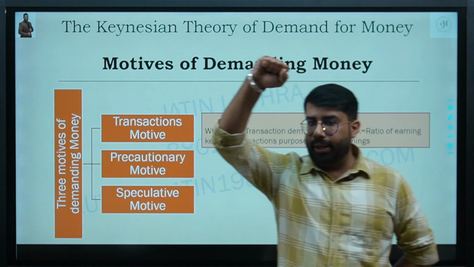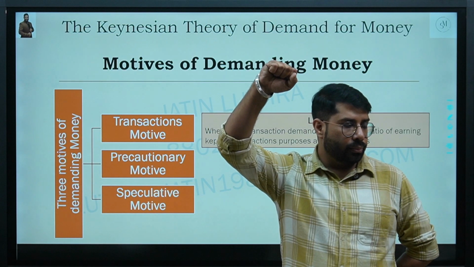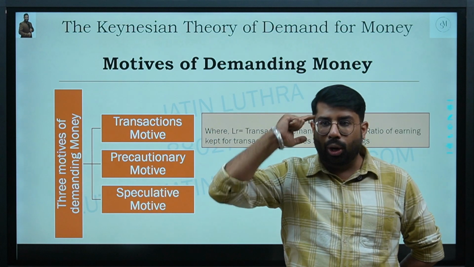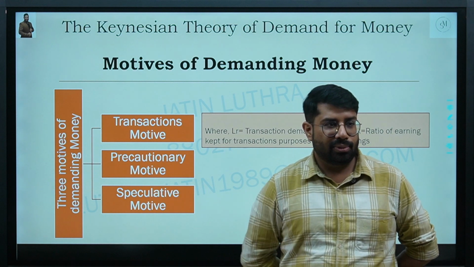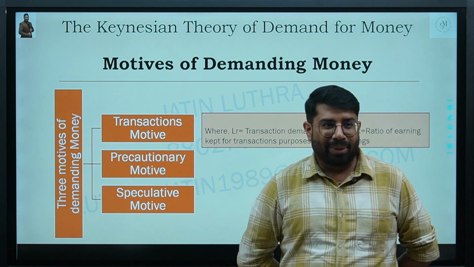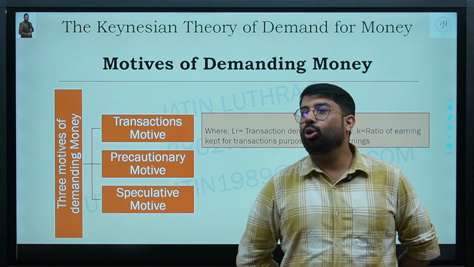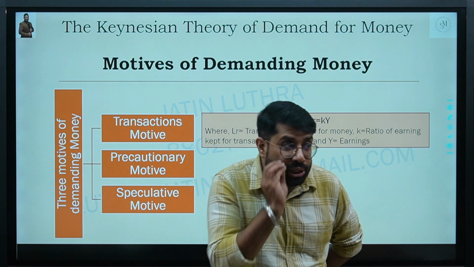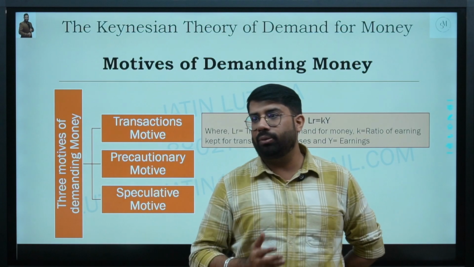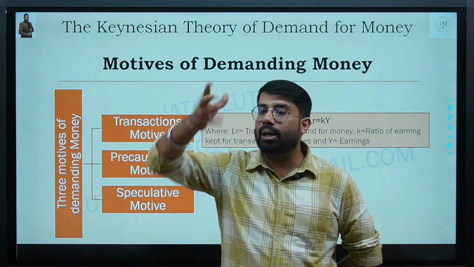Please hold on for a minute and try to recall MPC, marginal propensity to consume. What is it? How much additional consumption we will do from additional income?